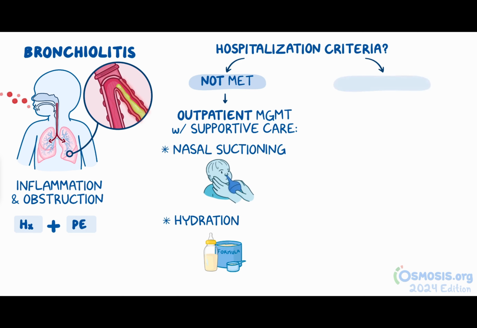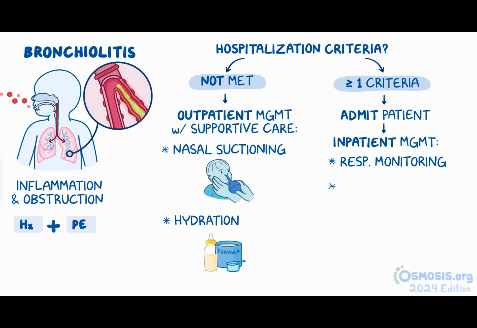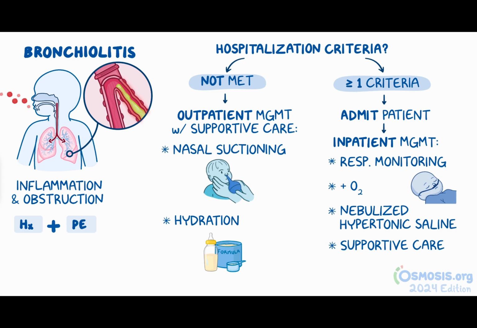However, if your patient meets one or more criteria for hospitalization, admit your patient for inpatient management, begin medical management, which includes respiratory monitoring and supplemental oxygen if necessary, as well as nebulized hypertonic saline. In addition, provide supportive care, including nasal suctioning and optimization of hydration.